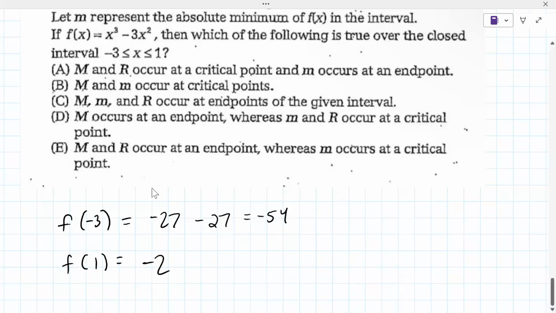Okay. The next thing here is I'd like you to take a derivative of this. The derivative is 3x squared minus 6x. Go ahead and set that equal to 0 and solve for any critical points.